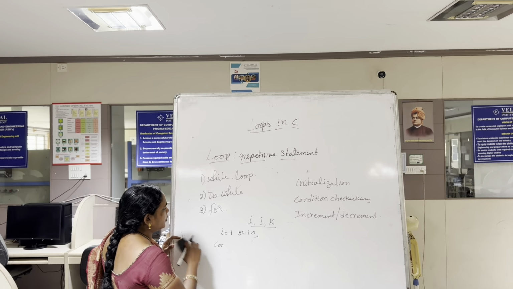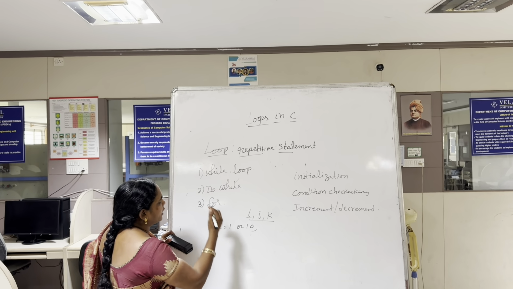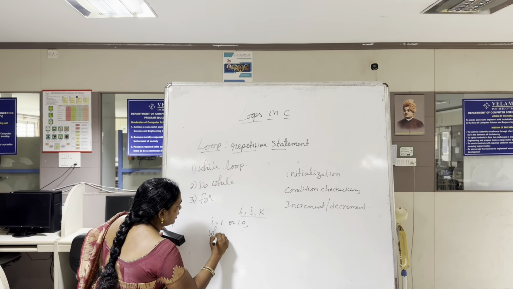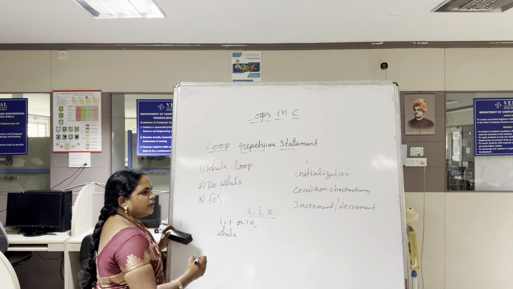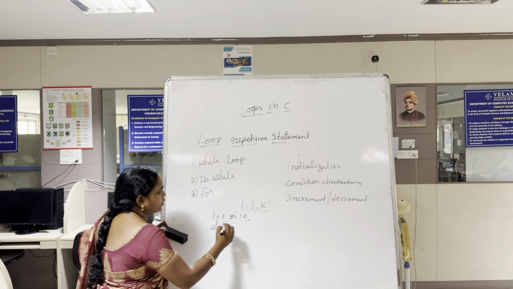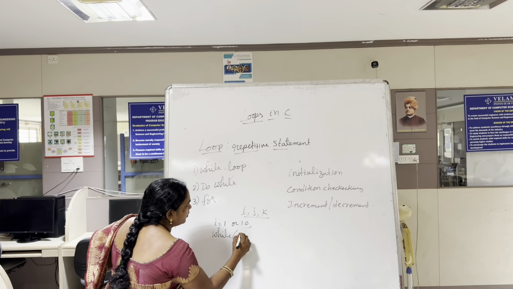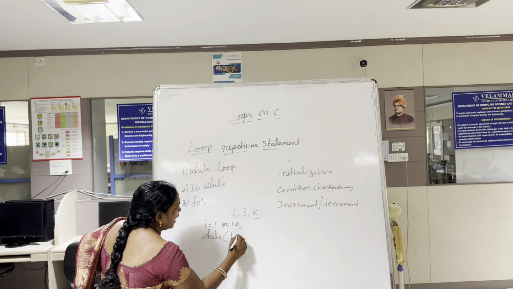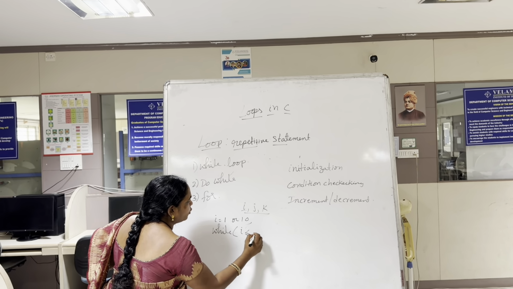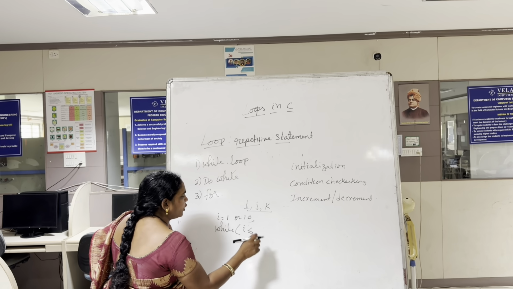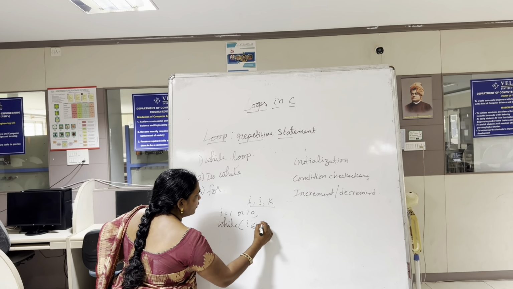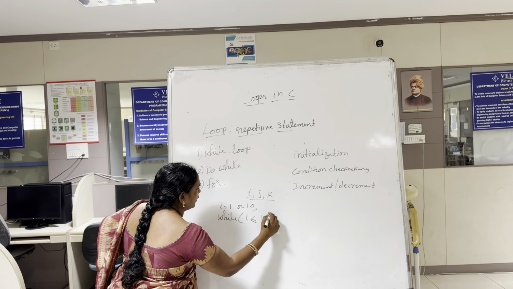And the condition is written using the keyword, one among the three. For example, if while is the condition checking statement we are going to use, here we will write the condition as i less than or equal to, or i greater than, or also we can mention 10 or 100, whatever it is.